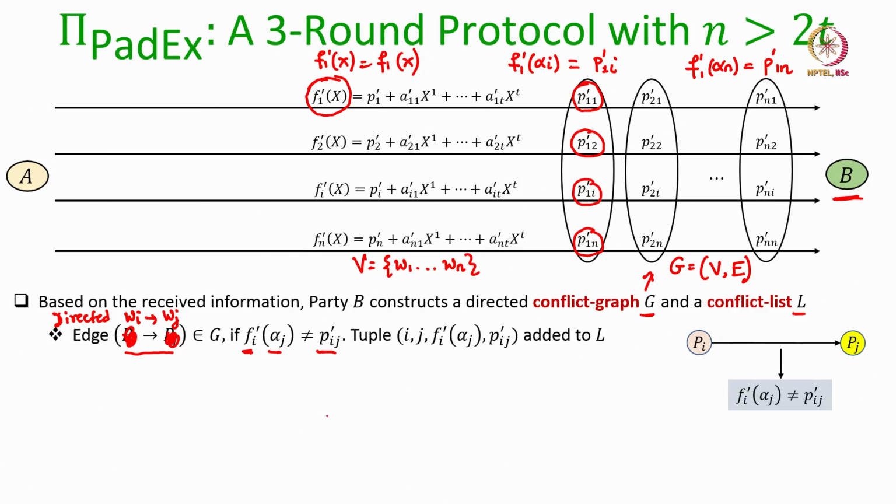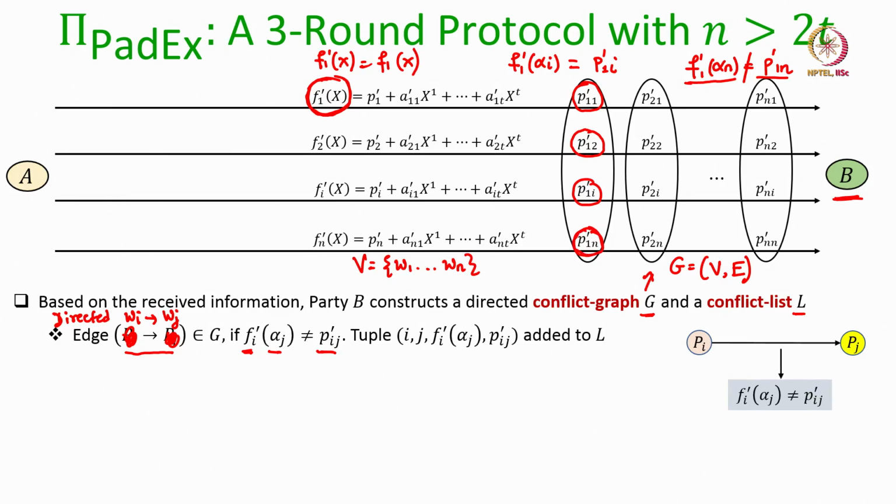Suppose it turns out that say f1 prime polynomial evaluated at alpha n is not equal to p prime 1n, then it either means that this first polynomial has been delivered incorrectly or its nth value has been delivered incorrectly to the node B.